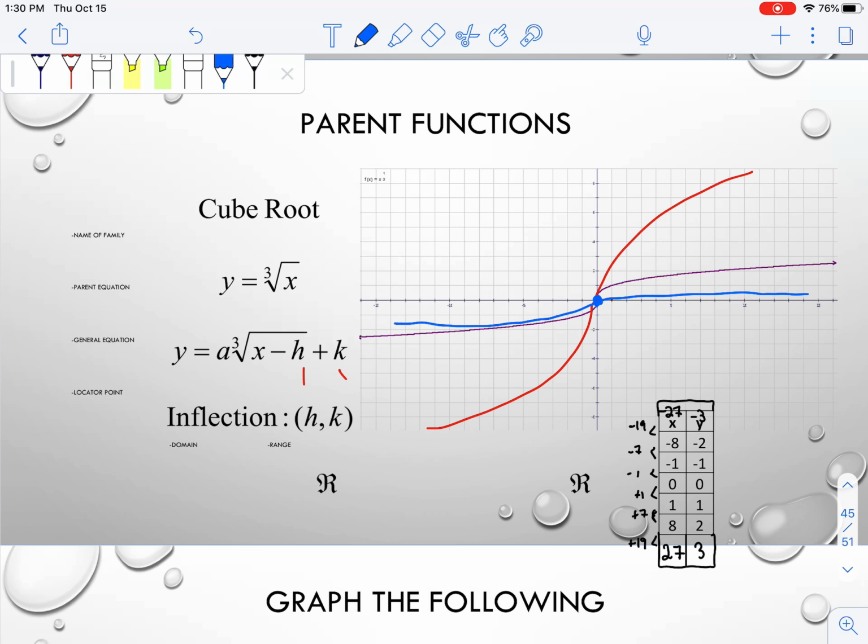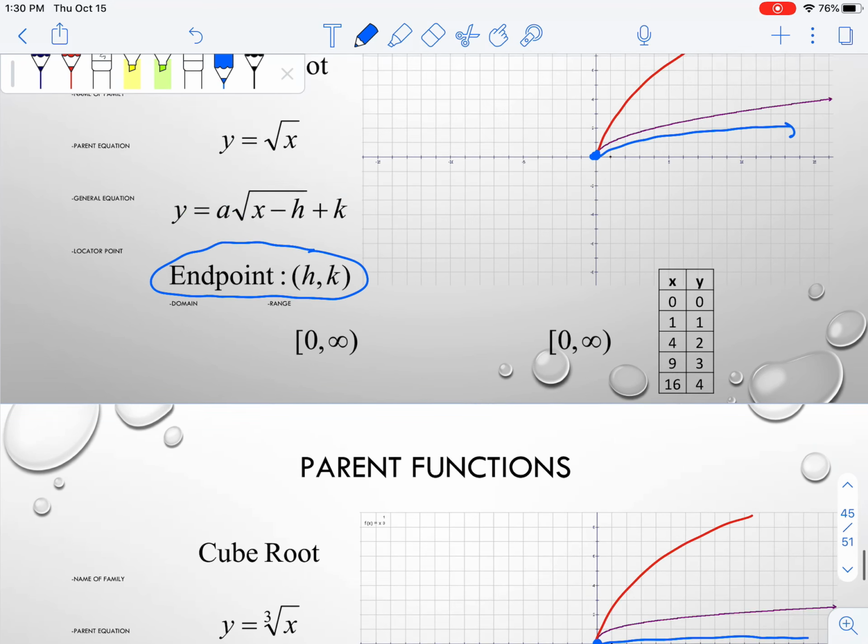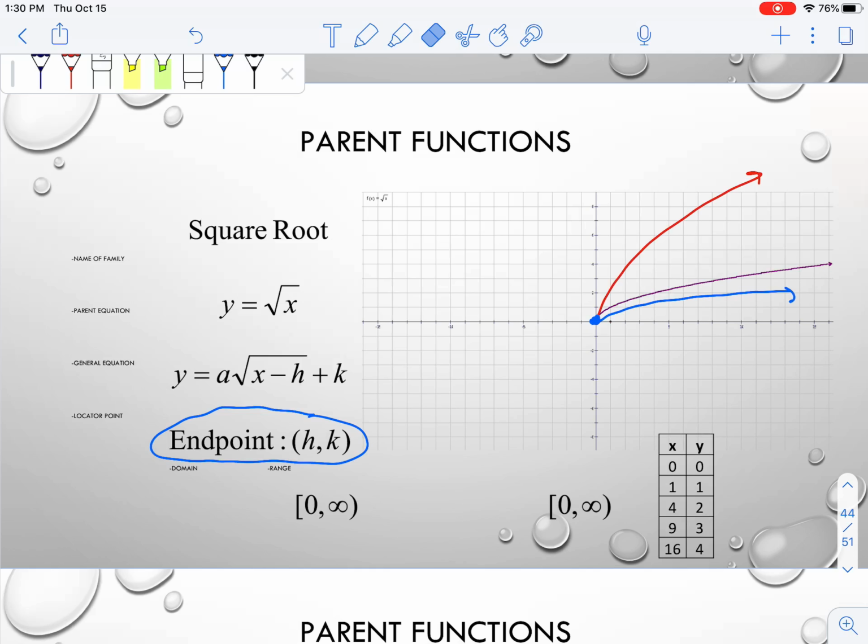One thing that I did do that's not on the table that we have here, I just tried to follow a pattern. Up here, to get our points, we see this: we go up 1 over 1, and then up 1 over 3, up 1 over 5.